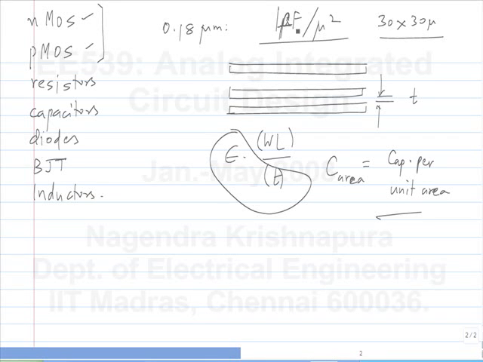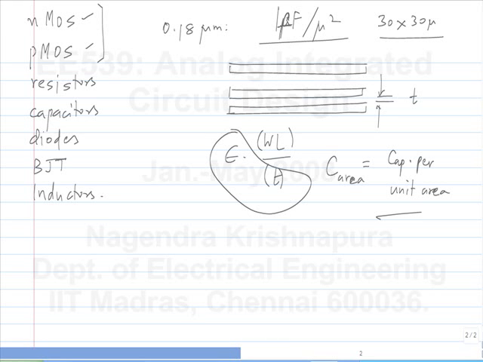One is, of course, the obvious parallel plate approach. What else can you do? MOS capacitance. What do you do to the MOS transistor to make it behave like a capacitance? Short the source and drain, and then use it.